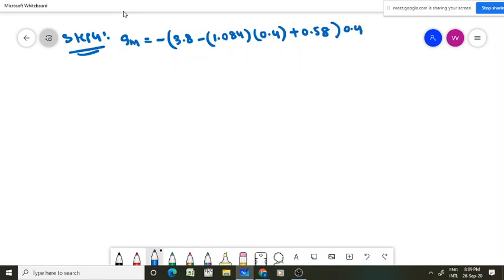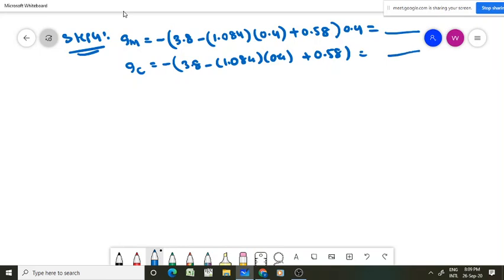So you have to calculate the GM value. Similarly, you have to calculate GC, that's equal to minus 3.8 minus 1.084 into 0.4 plus 0.58.